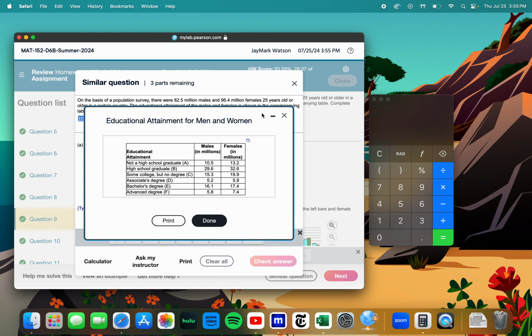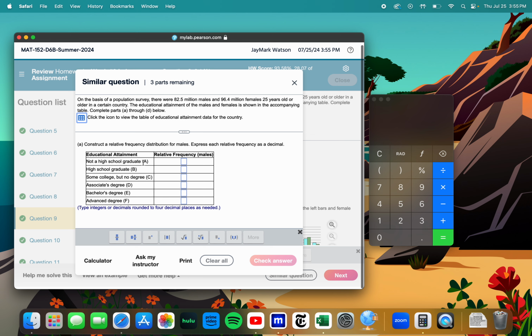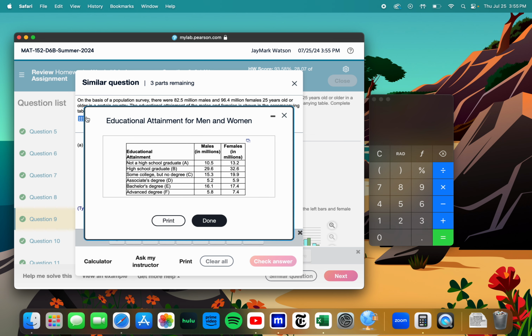So here's our table, and we're going to make a relative frequency table out of the males first, and then we'll probably do the females. So let's add this column together.